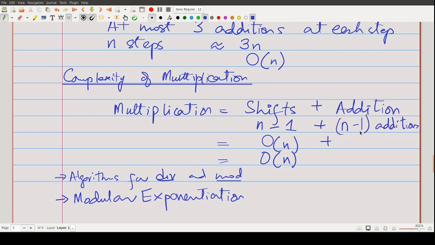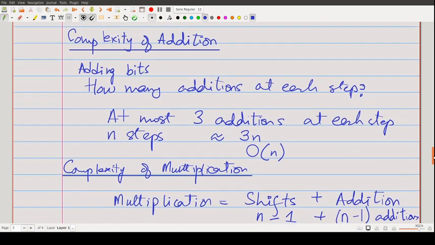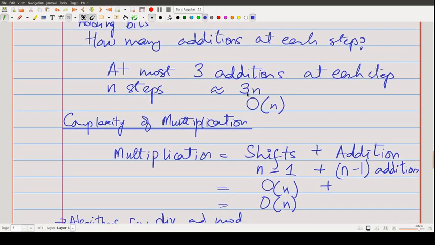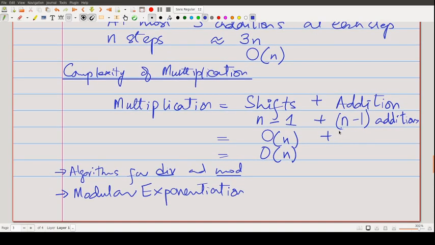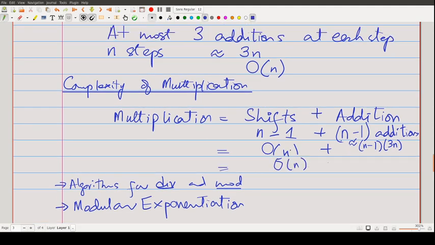So it's not going to be linear: addition itself is linear, and when we multiply n minus 1 with it, this is roughly n minus 1 times 3n, which gives us a linear term plus something like 3n squared minus 3. This term is not linear anymore, it is quadratic. And so overall it's going to be O(n squared) rather than O(n). So that was a mistake on my end.